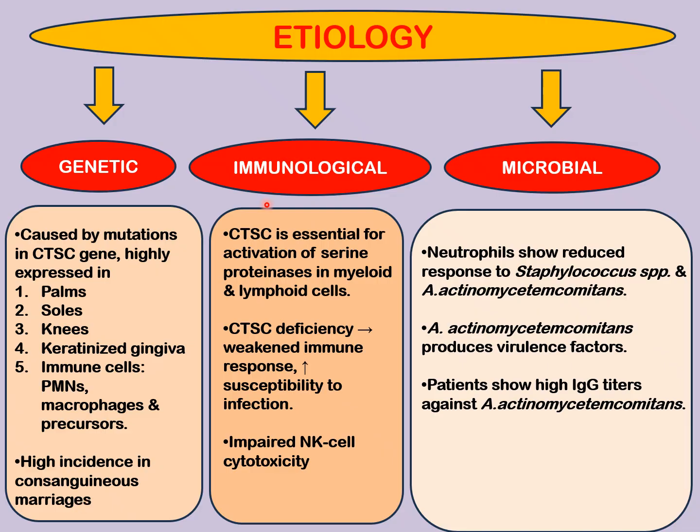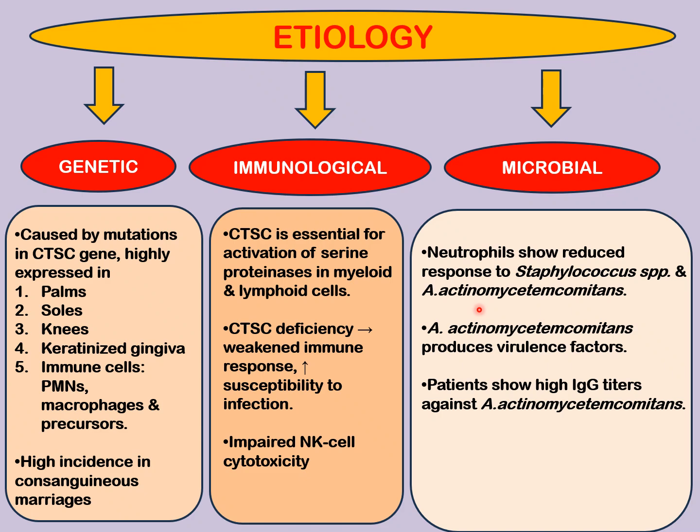Coming to the immunological component, the CTSC gene is responsible for activation of serine proteases in the myeloid and lymphoid cells. So its deficiency results in a weakened immune response, which increases susceptibility to infection and also impaired NK cell cytotoxicity.